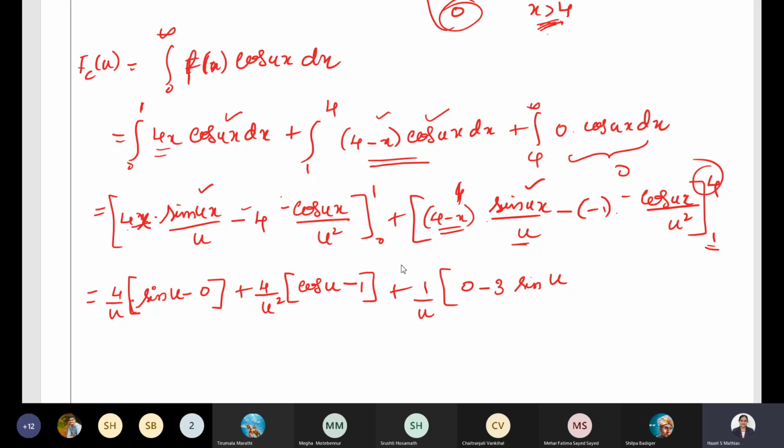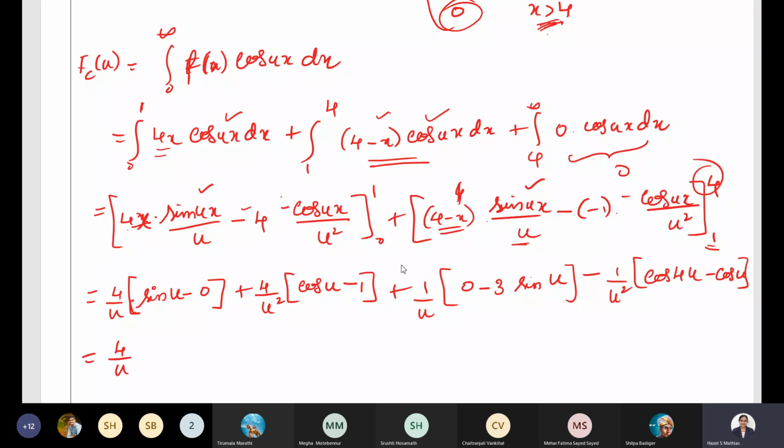Now put the limit 1, so 4 minus 1 is 3. 3 sine u it will be. Next, here what happens? Minus minus minus. It will be minus 1 by u square into cos 4u, x is 4, minus cos 1. Cos 1, that is cos u. Okay? Anybody, any doubt?